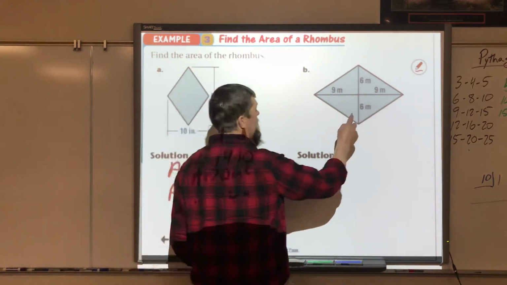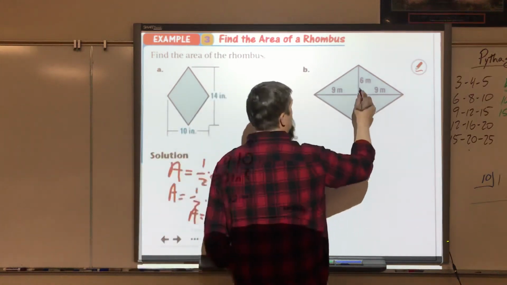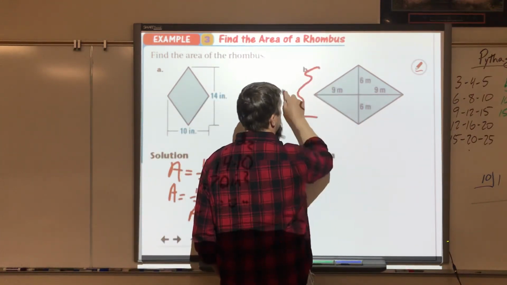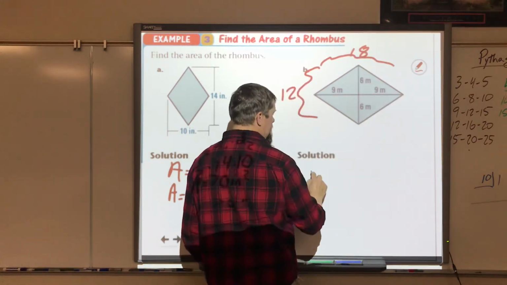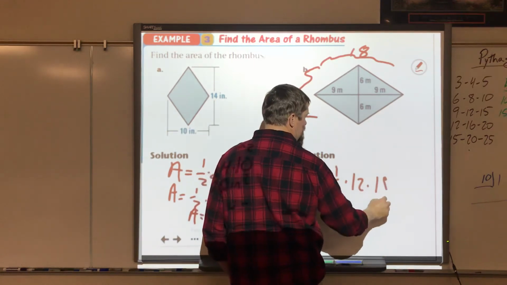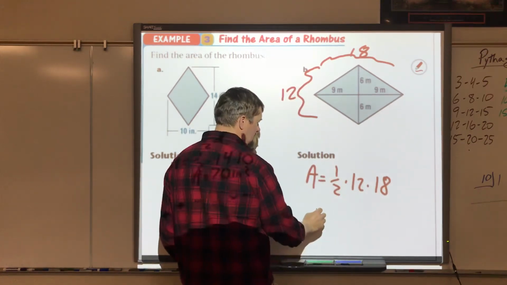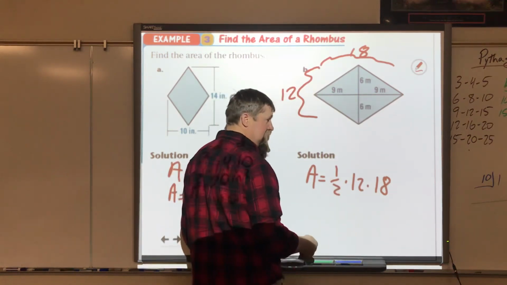This one, we know that the diagonals bisect each other, so we have to add up the total here, which is 12 and 18. So the area is equal to 1/2 of 12 times 18. We could take half of one and then multiply that times the other.